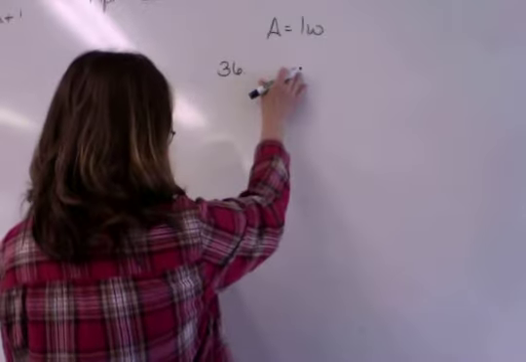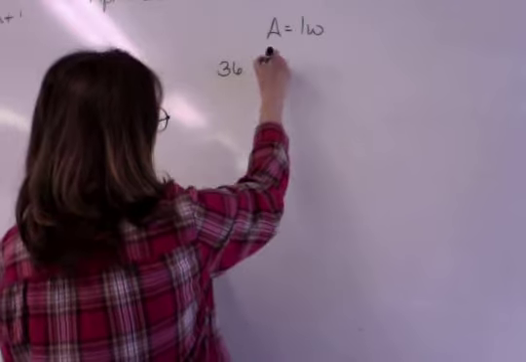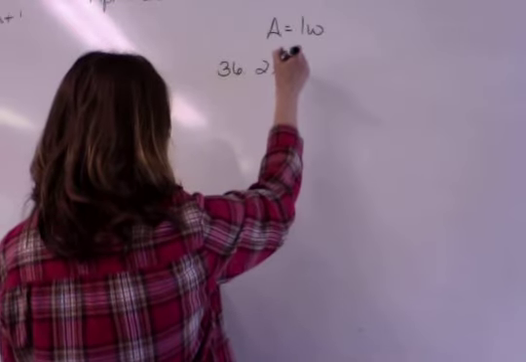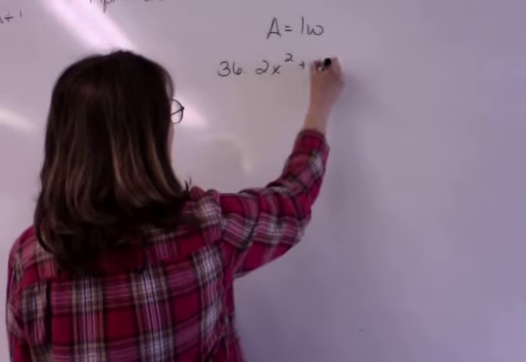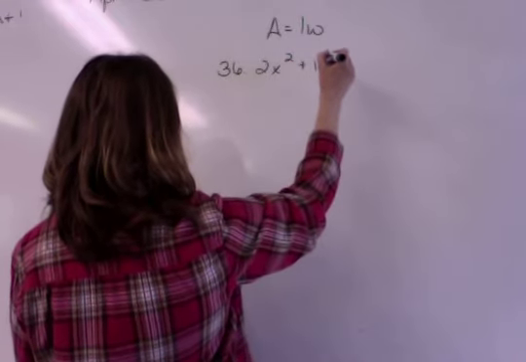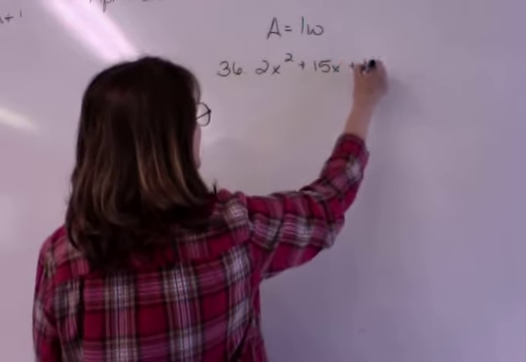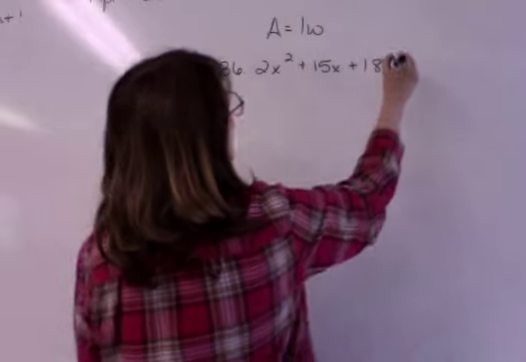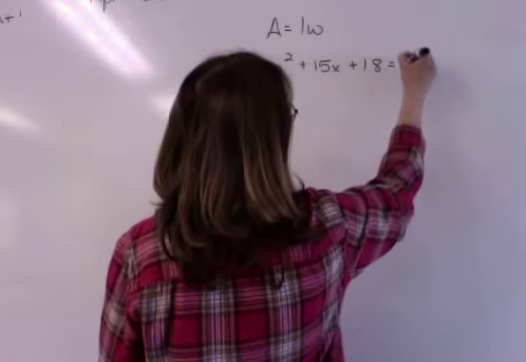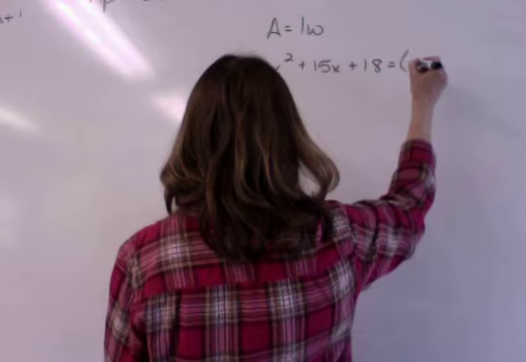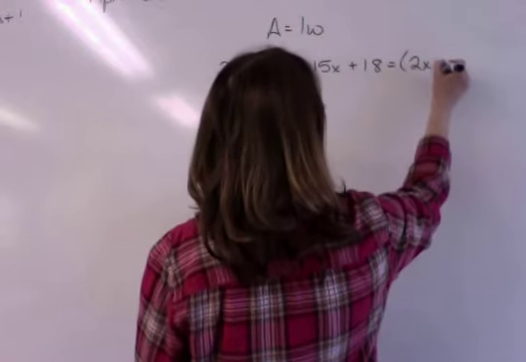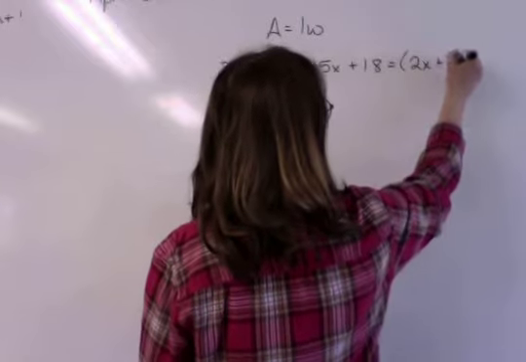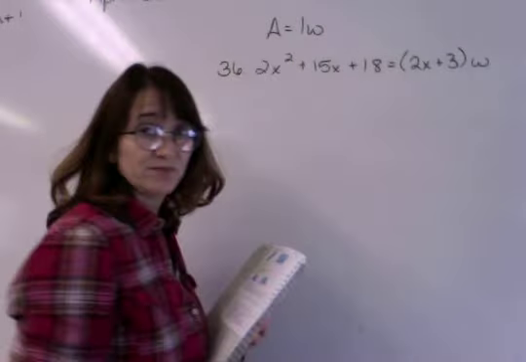Because I know the area, they gave me the area, that was 2x squared plus 15x, and that's going to be plus 18. And then over here, I know my width, I know my length, it's 2x plus 3. What I don't know is w.